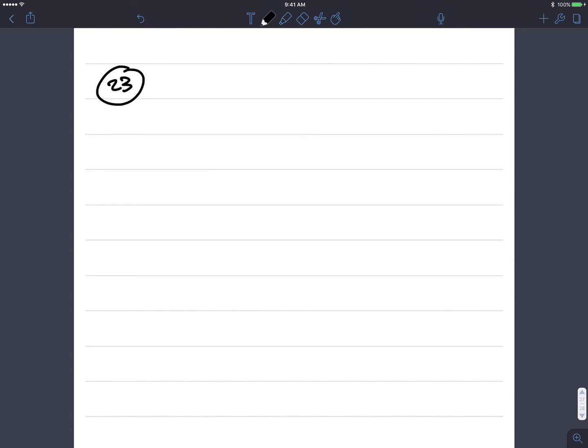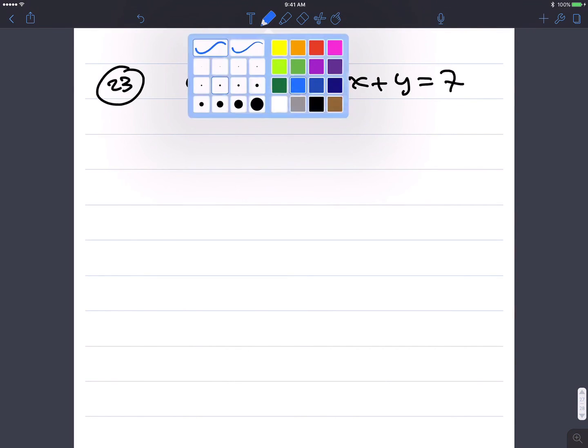(23) Determine the equation of the line that passes through 0, -5, and is parallel to the equation x plus y is 7. Again, point slope form.